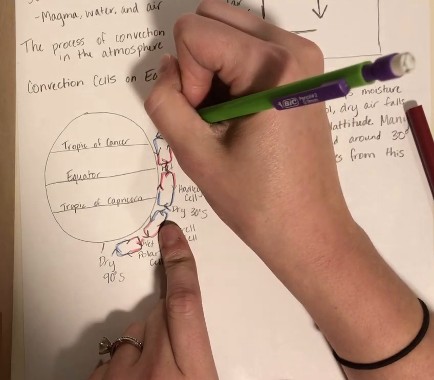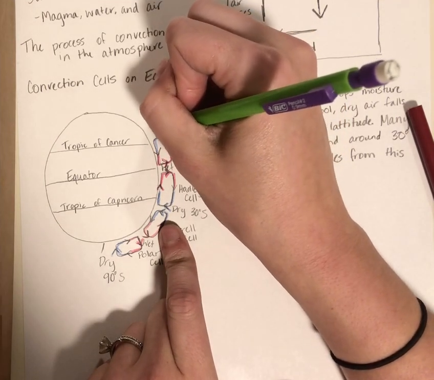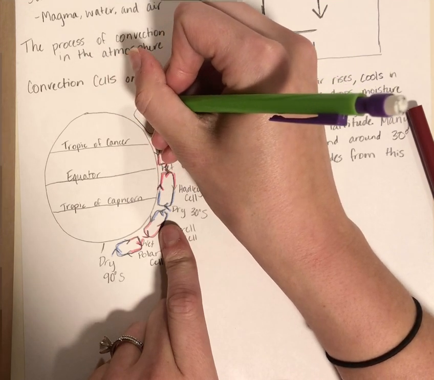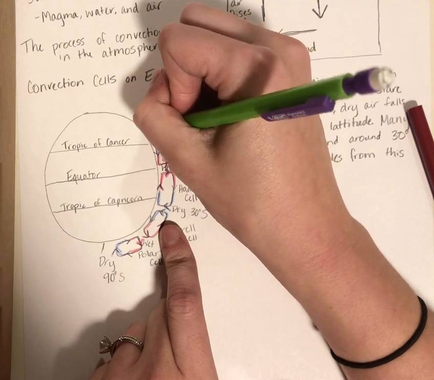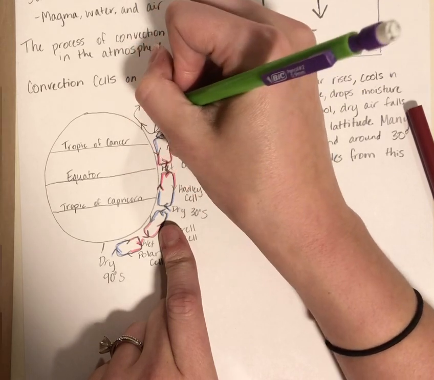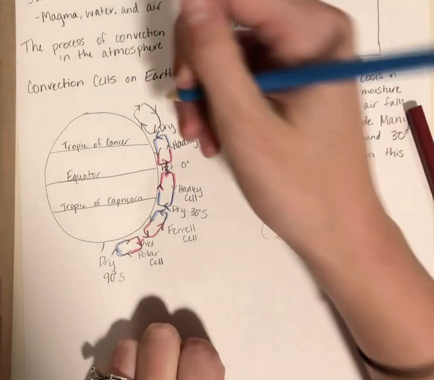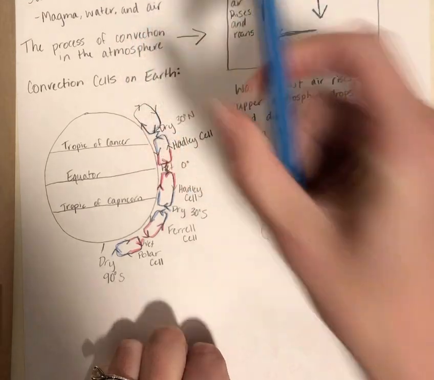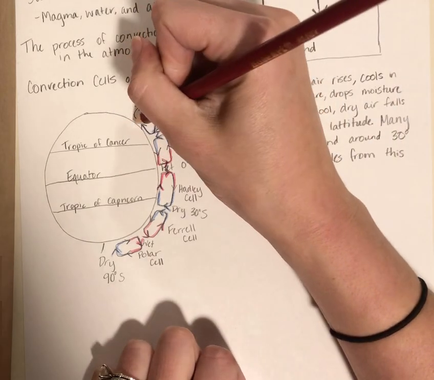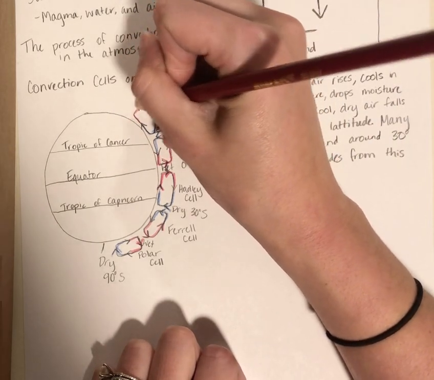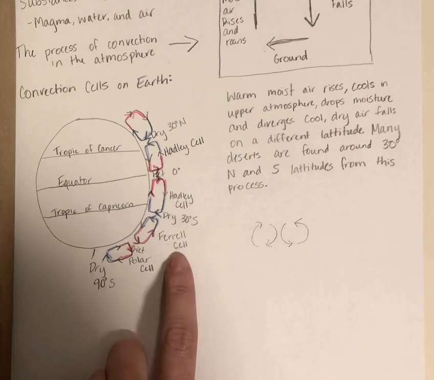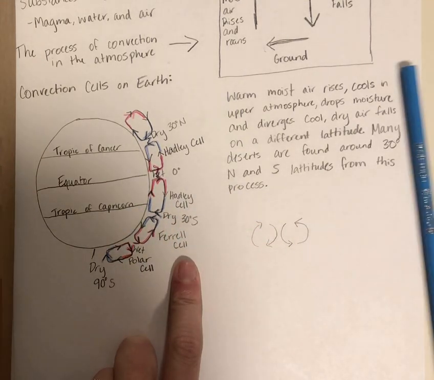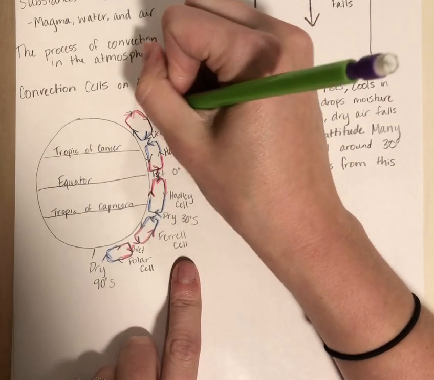We have our cool air coming down, going over to warmer, hot air rising, coming down. Okay, and again, just like over here, if it is the tropics going towards the pole, it is called a Ferrel cell.